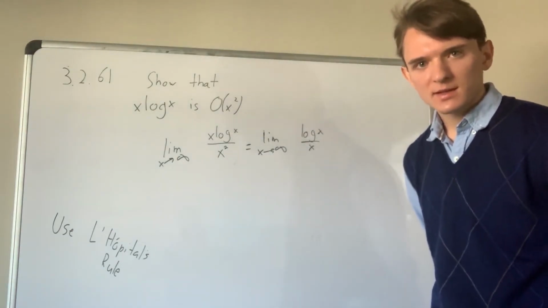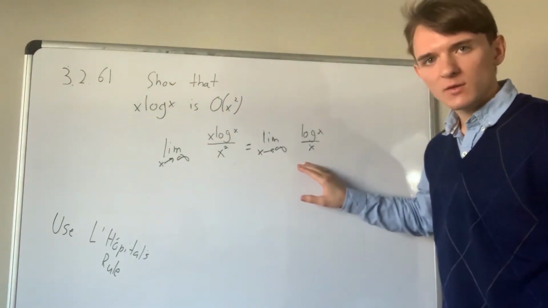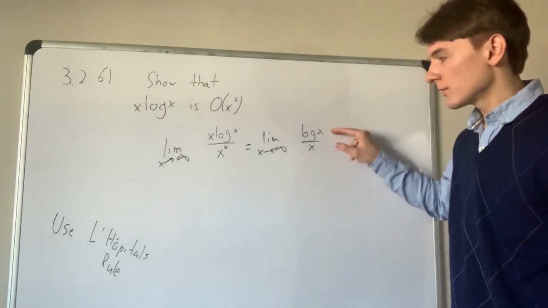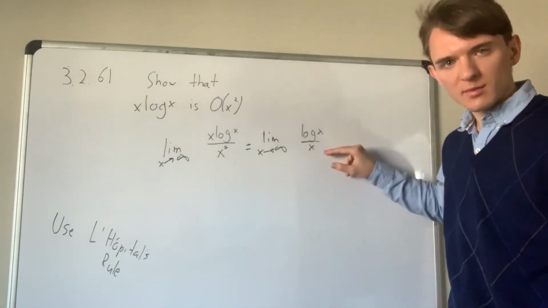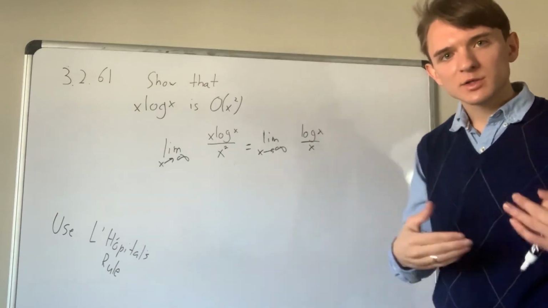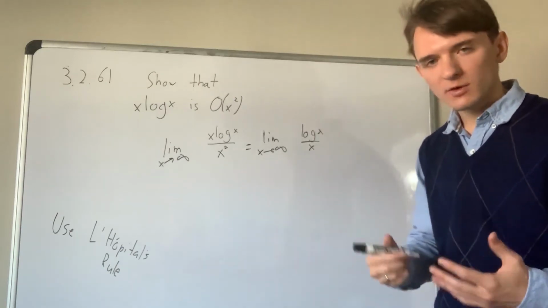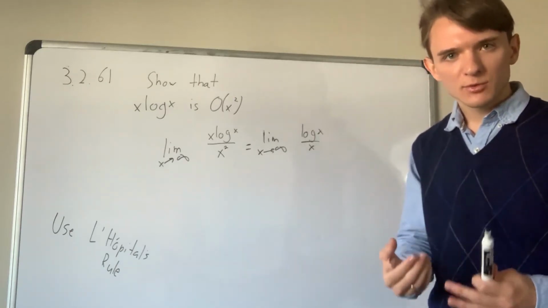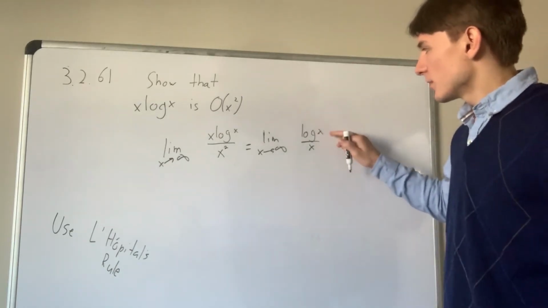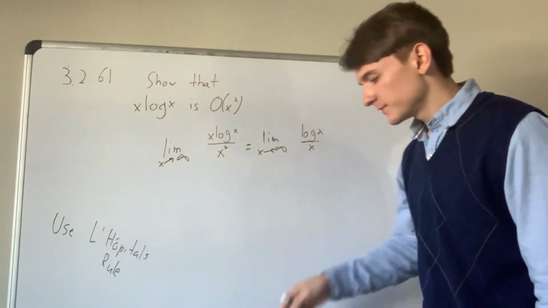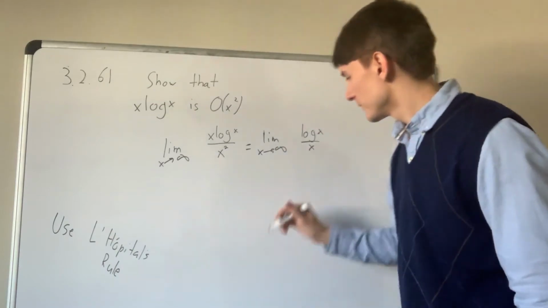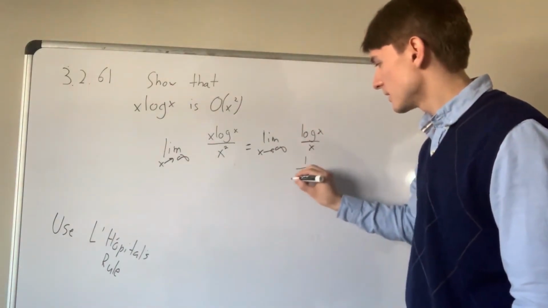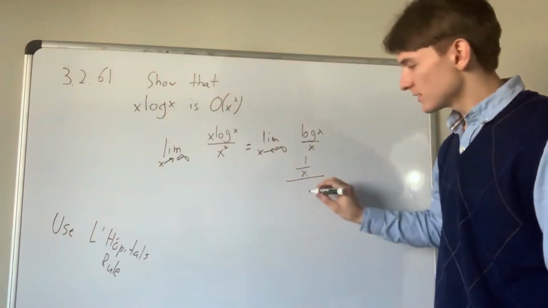Basically, that just means that when we can't evaluate this any further, we can take the derivative of the numerator and the derivative of the denominator to simplify our expression into some intermediate form and make it simpler to evaluate. So, what's the derivative of log of x? Well, it's just 1 over x. And the derivative of x is 1.